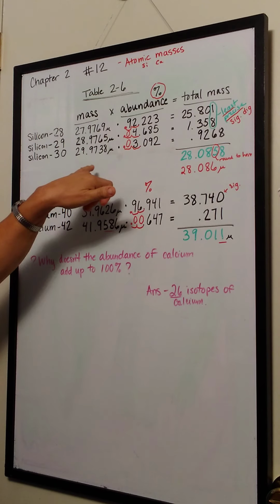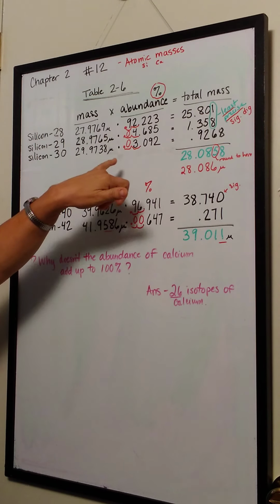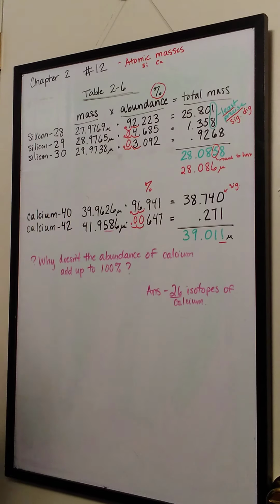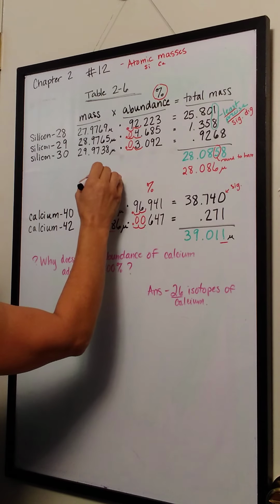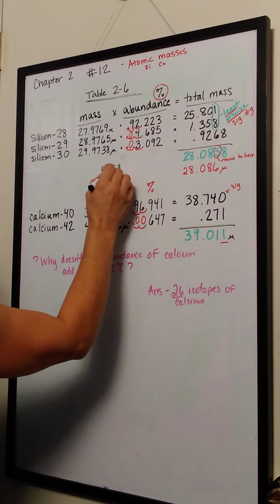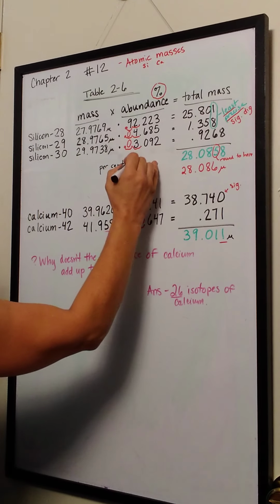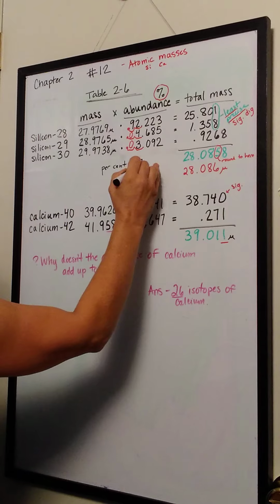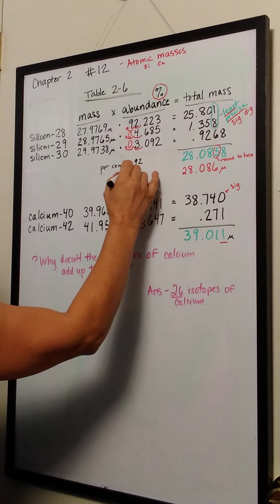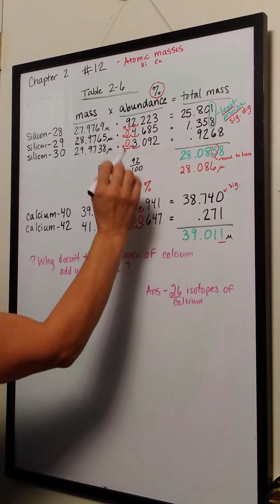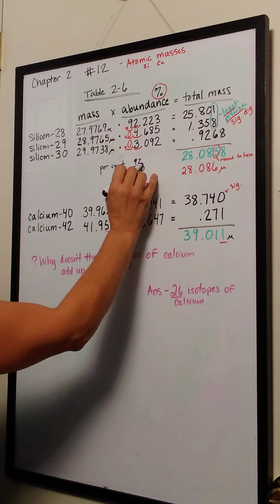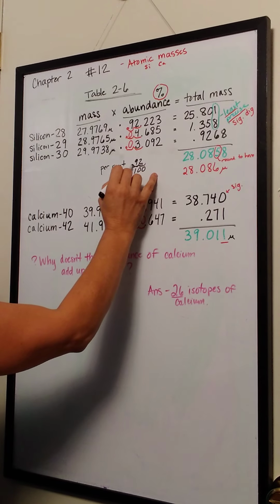For the calculation, we need to convert that into a decimal number. So percent means over 100, right? Cent is 100. So we're going to take this number 92, etc., put it over 100, which is the same thing as dividing it by 100 and moving the decimal point over 2 places.